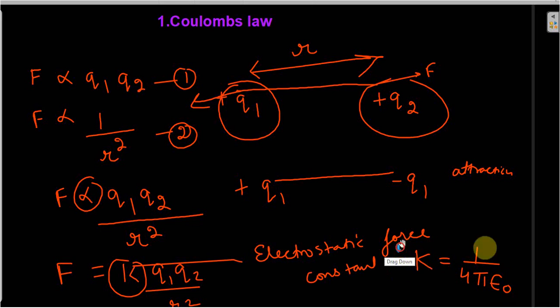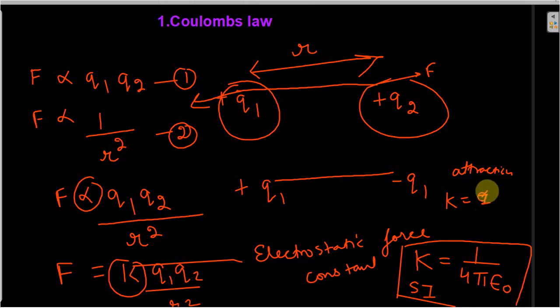This is for the SI system. K is equal to 1 in the CGS system, the centimeter, gram and second system, and in the SI system K is equal to 1 by 4 pi epsilon naught.